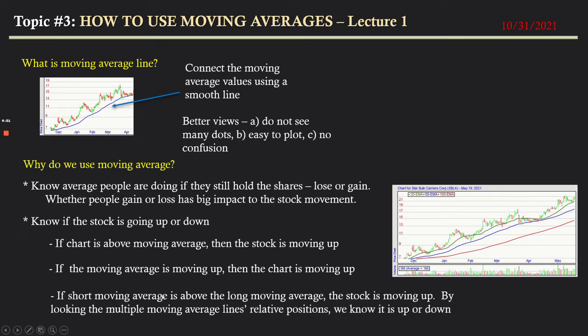And also you see multiple moving averages, and the short moving average is above the long moving average when the stock is going up. So if you look at the position of these moving averages, you can figure out if the stock is going up or going down.